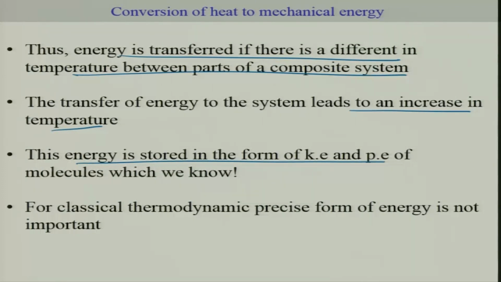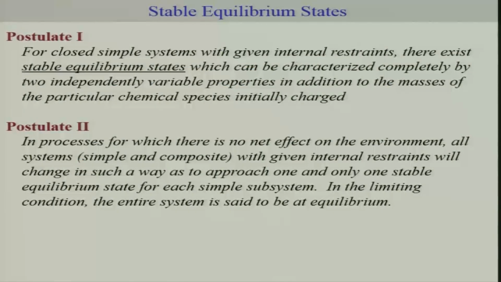So, this was a simple example of piston and cylinder. Now, let us go to the next stage, where we are reasserting the equilibrium states. In the first week of lectures we also mentioned the equilibrium state. We are redefining this equilibrium state in terms of different postulates.